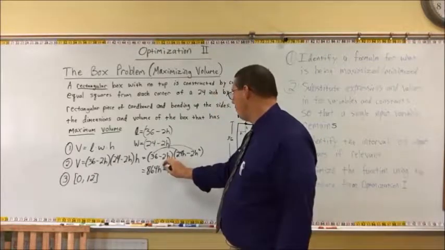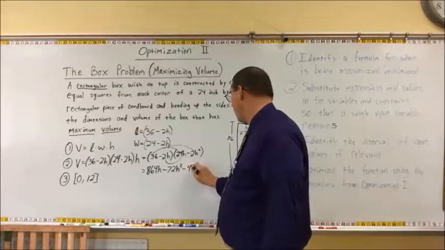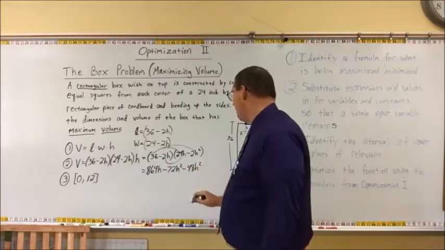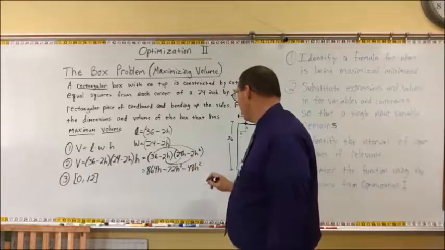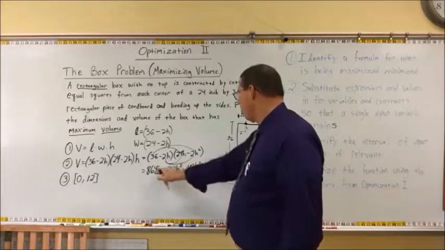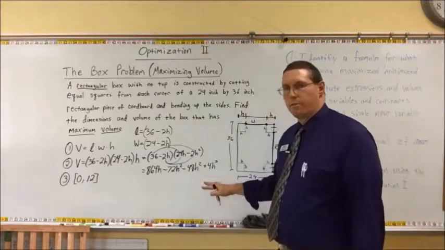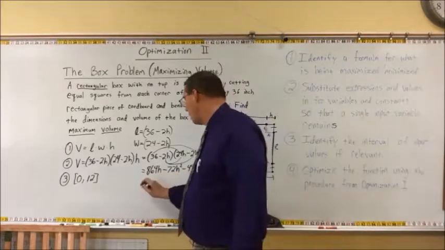Now I'm going to do this negative 2h times 24h. That's going to be minus 48h squared. And then lastly, I'm going to do this negative 2h times negative 2h squared. And that's going to give me plus 4h to the third power. Now I'm going to rearrange this, because I would like this to be in standard form where I have the highest power down to the lowest power.